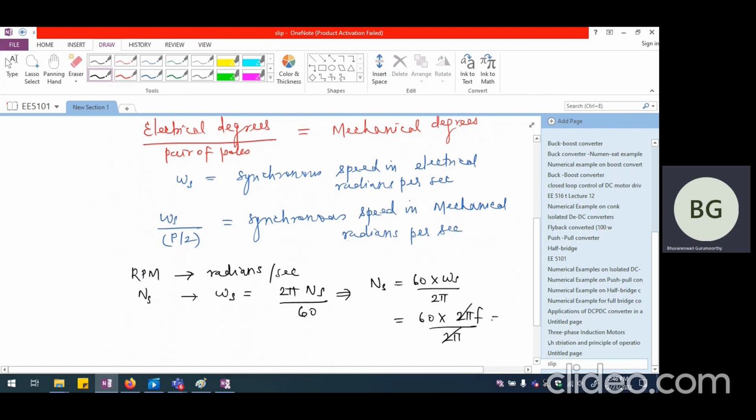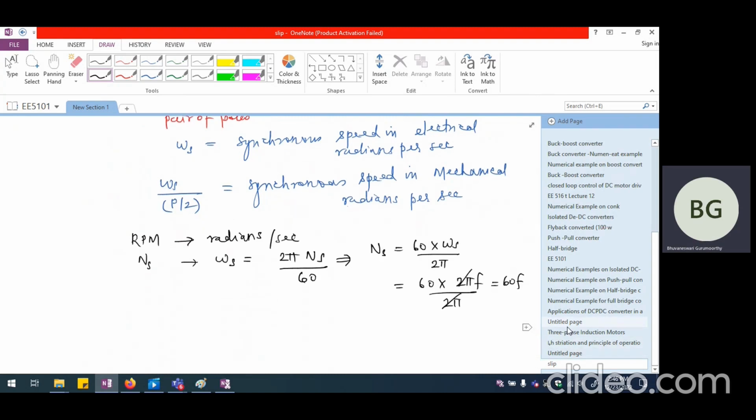So 60f will give us the speed in RPM if we want to have the electrical revolutions per second. So this is essentially in electrical radians per second, or electrical revolutions basically.